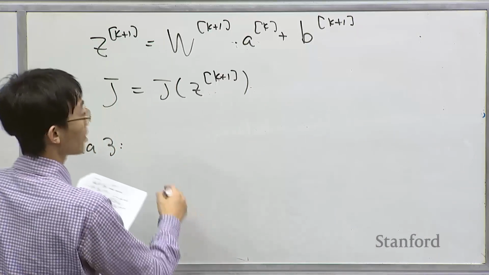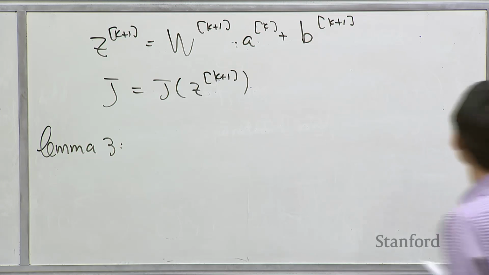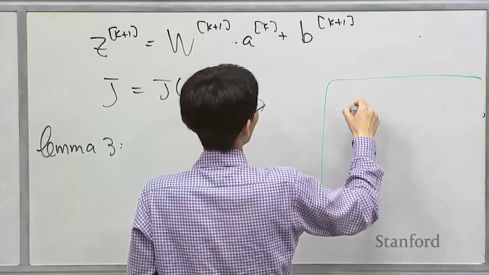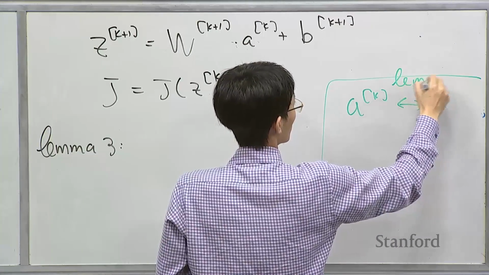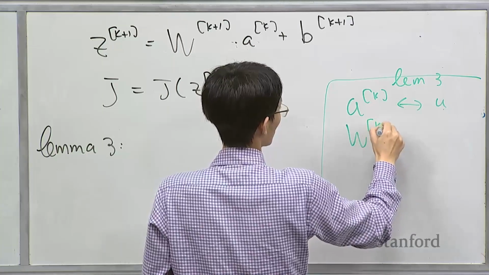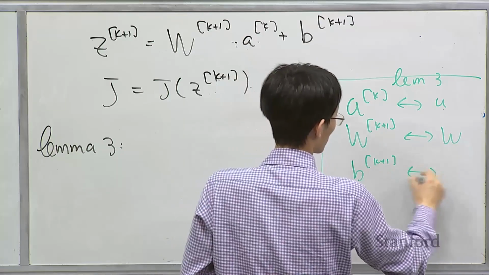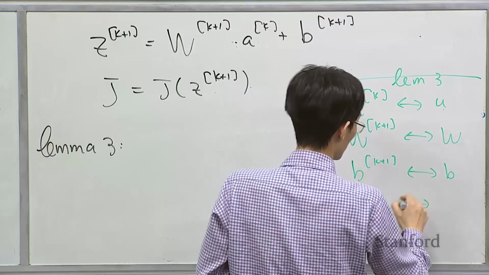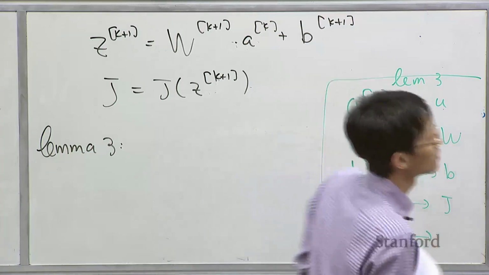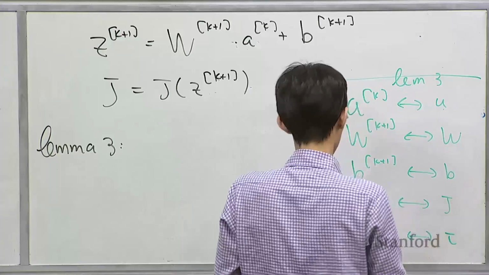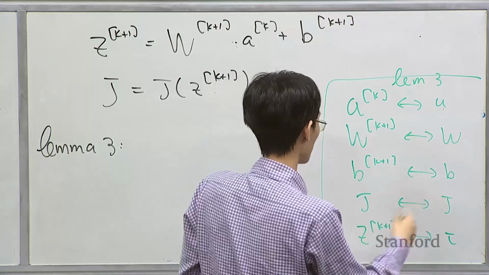Using lemma 3, I'm not sure whether I should make an explicit map. If you care about the explicit map, AK corresponds to the U in lemma 3, WK plus 1 corresponds to the W there, BK plus 1 corresponds to the B there, J corresponds to J, and ZK plus 1 corresponds to tau. If you keep pattern matching, it's a little difficult to see the map.